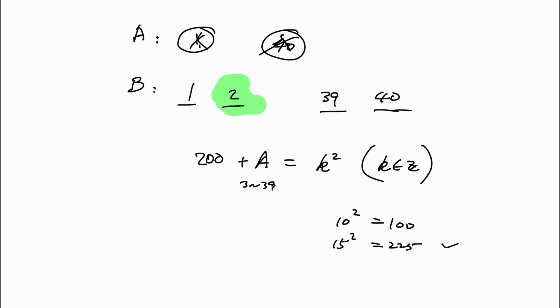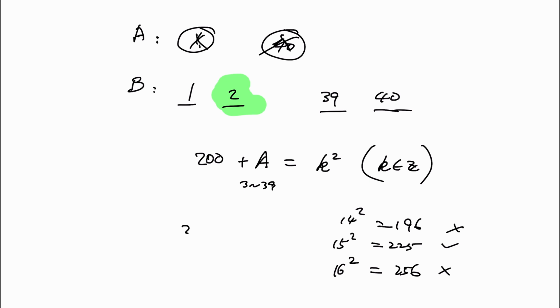That seems to work. Well, if we insert something before it, let's say 14, that is 196. Well, that doesn't work. If we have 16 squared, that is going to be 256, and that is larger than 39 as the limit, which is not going to work.